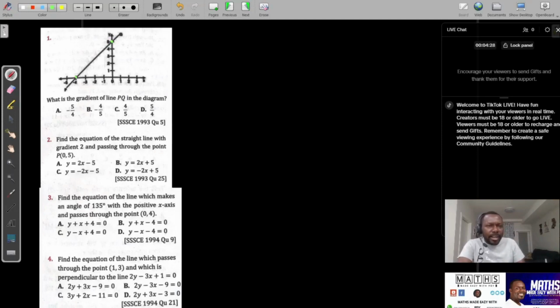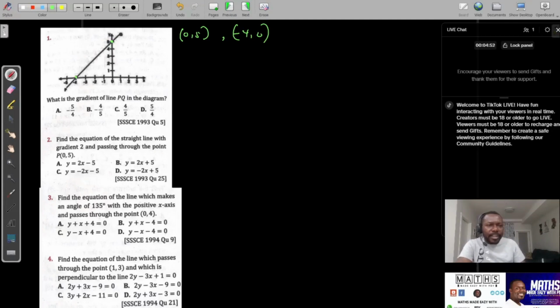Therefore, we can estimate that we have a point which is (0, 5), and we have another point which is (-4, 0) on the x-axis. The (0, 5) is on the y-axis, and then the (-4, 0) is on the x-axis. I believe you can see that.